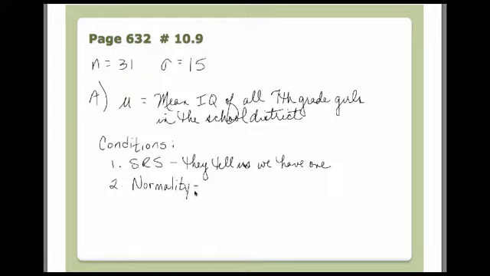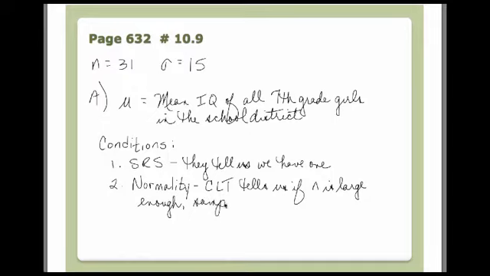So really all we have to go on is the idea from the central limit theorem that tells us if n is large enough, the sampling distribution should be approximately normal.